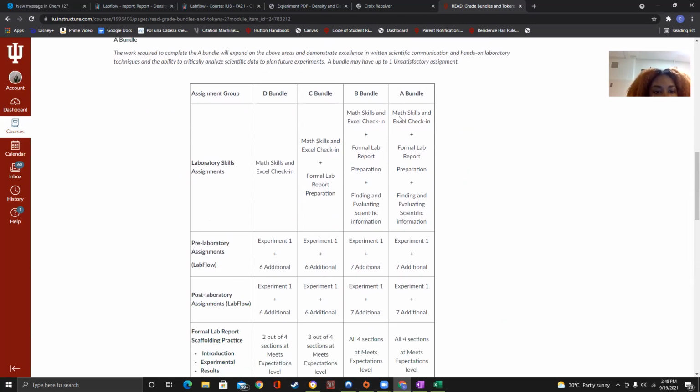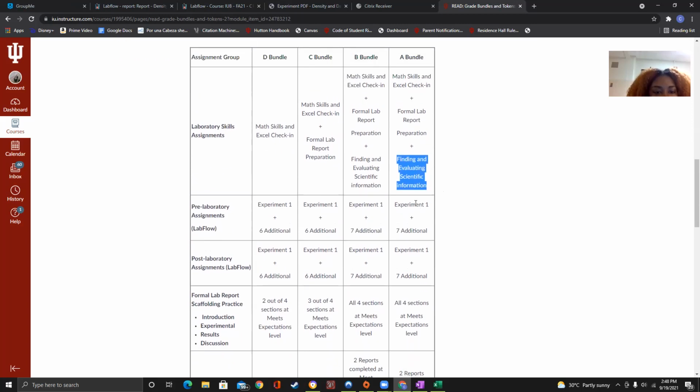If you want an A, you need the math skills and Excel check-in, formal lab report and the preparation, finding and evaluating scientific information. Then we have the pre-lab for the lab, so that's all the lab flow stuff, and the post-lab. It doesn't say that they need to be satisfactory or something. So that means as long as you get a 50% on the lab flow, you'll probably be fine.